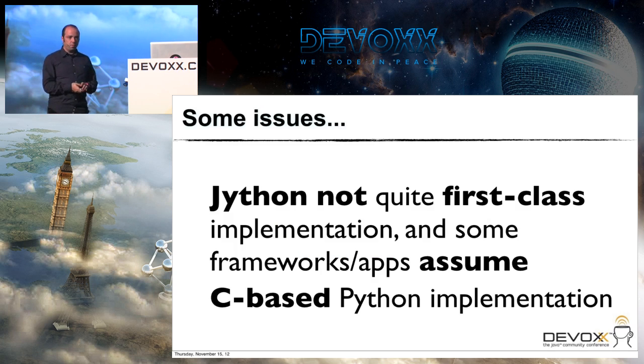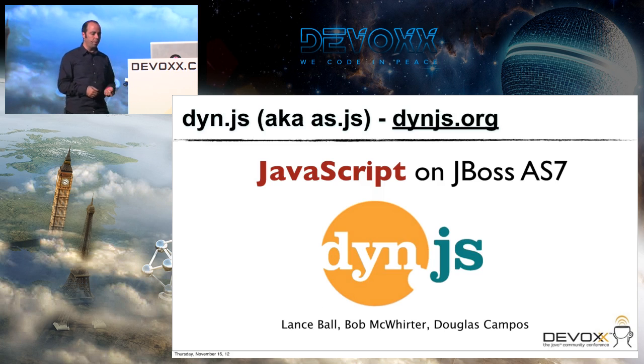Well, with Jython, which is the Java implementation of Python, things are not as smooth. The Python implementation until now has been a little bit marginalized, so it's not really quite a first-class implementation of Python. A lot of the applications that run on top of Python these days assume a C-based implementation, which makes things a little bit awkward.